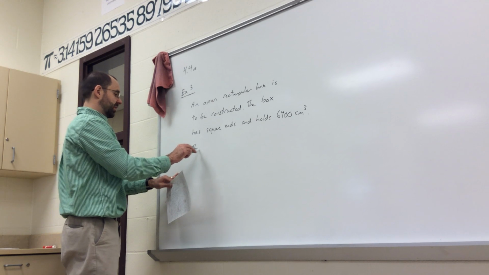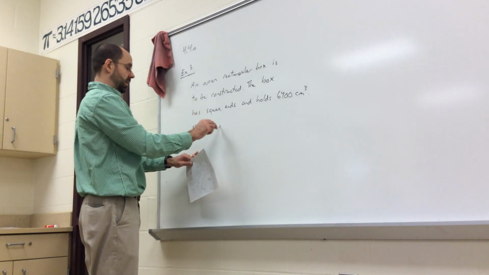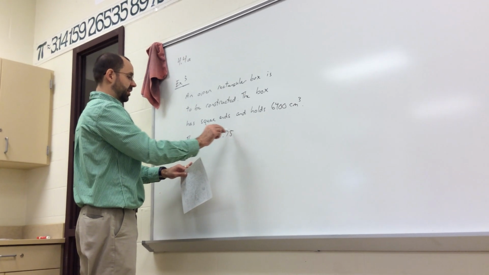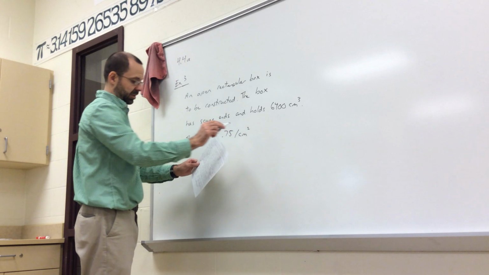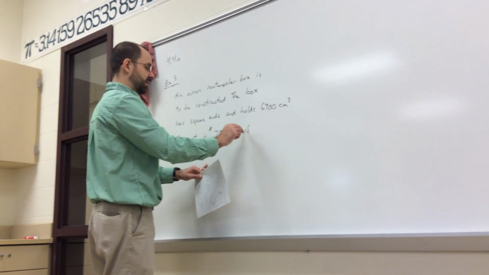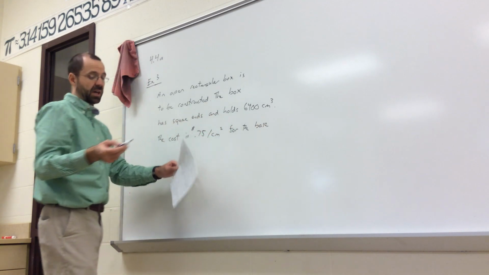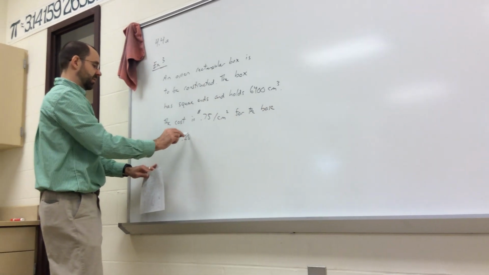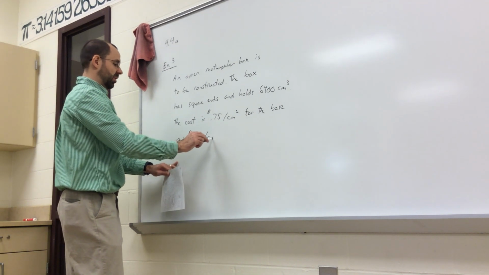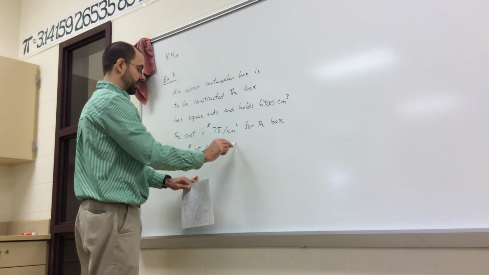All right, the cost is 75 cents per square centimeter for the base, the bottom of the box, and 25 cents per square centimeter for the sides.